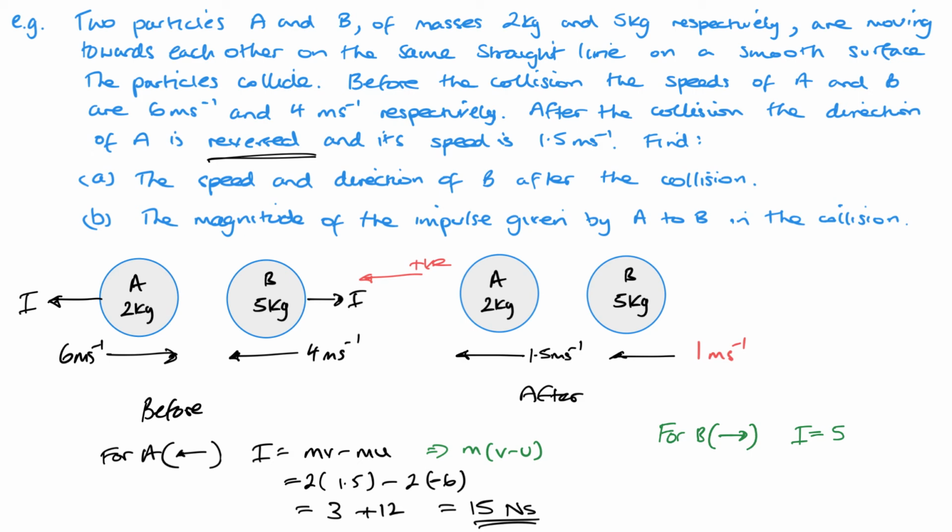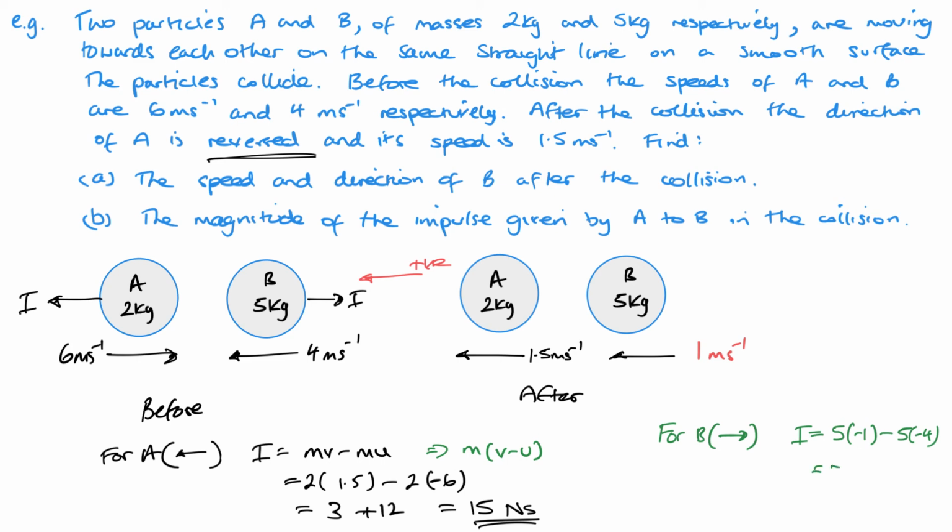Apologies, because my final one is negative 1, isn't it? Minus 5 times minus 4. Yeah, because both of my velocities are going in the opposite direction to that impulse. The impulse is going left to right, which is why I chose that as the positive direction here.